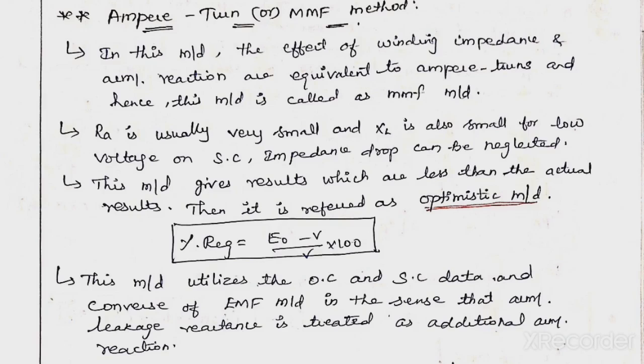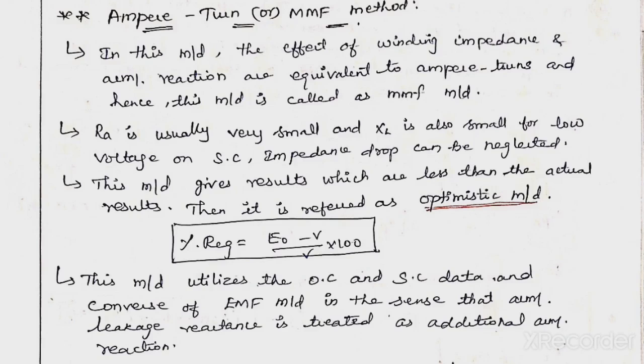This method gives a result less than the actual result, so it is referred to as the optimistic method. The synchronous impedance method is called the pessimistic method because the measured value is always higher than the actual value due to the consideration of saturation. But the MMF is the optimistic method.